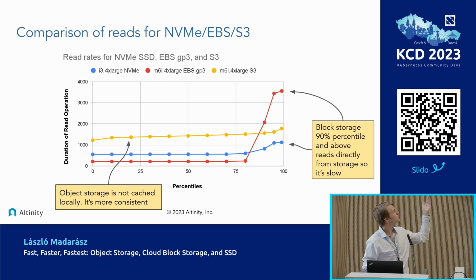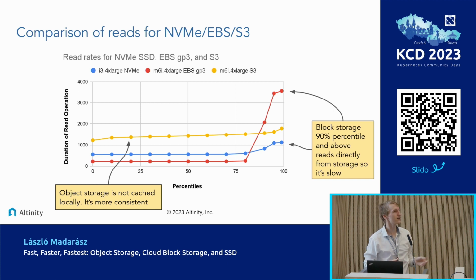So here's a comparison of all three methods, and this only takes reading times into consideration. What you can see here is that S3 is the slowest of them all, it takes the most time to read.